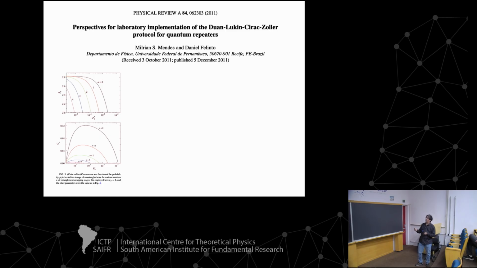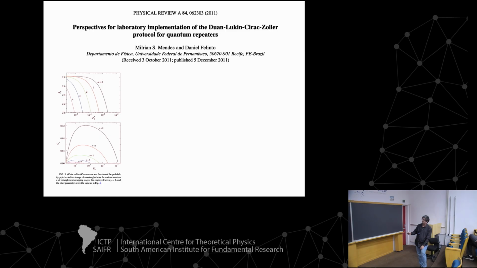And then we did some analysis on this protocol, on this kind of system, in which we analyzed, for example, the Bell inequality violation and the concurrence as a function of P. This is a theoretical analysis with some more realistic conditions that we learned when we developed the experiments. And then we consider a different set of swappings. So this is for the first swap. You see you violate the Bell inequality well. But then as you increase the swappings, the requirements become more stringent.